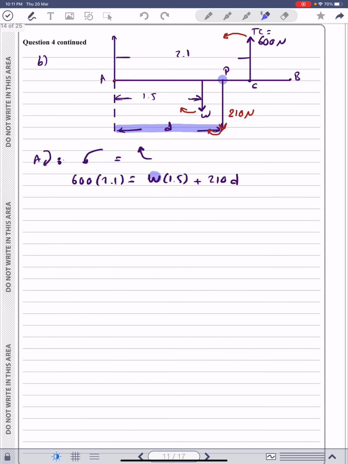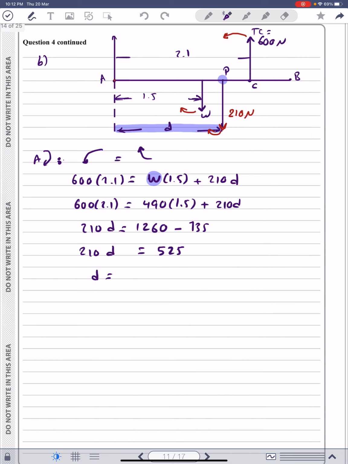We know from part A this is 490, so 600 times 2.1 equals 490 times 1.5 plus 210 D. By multiplying in the calculator and solving, you get 210 D is equal to 1,260 minus 735, which is 525.